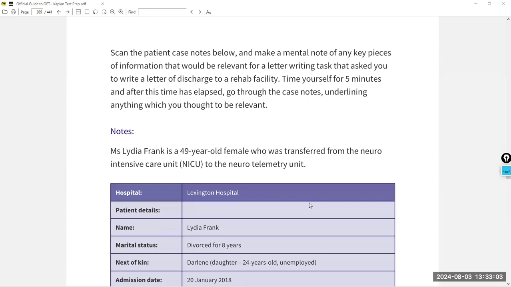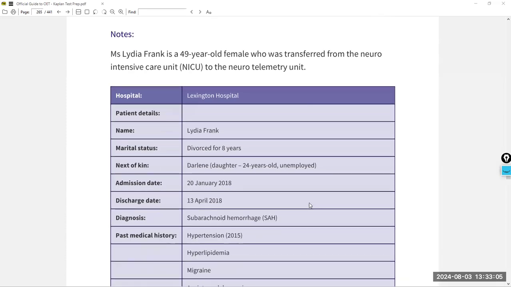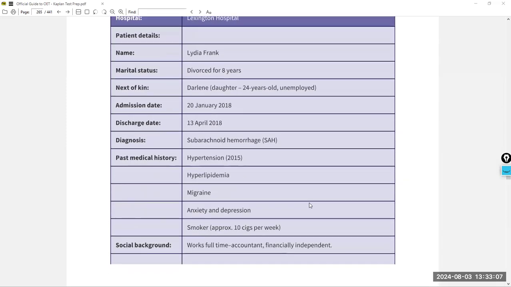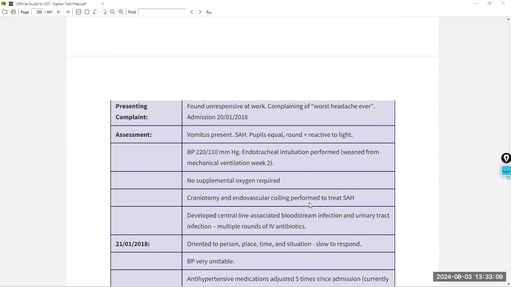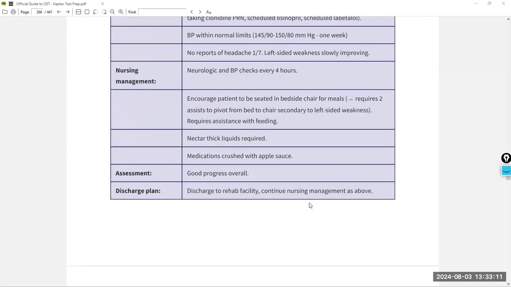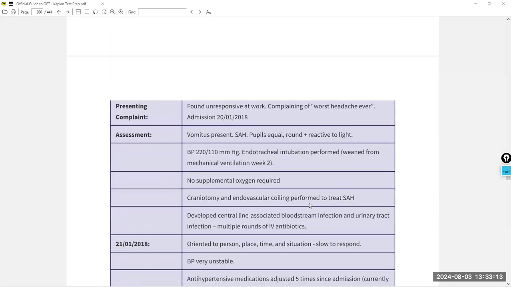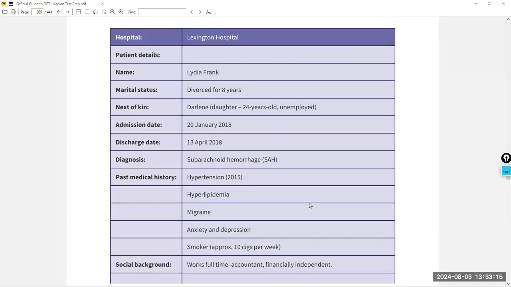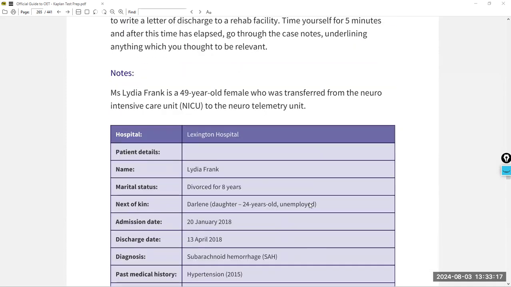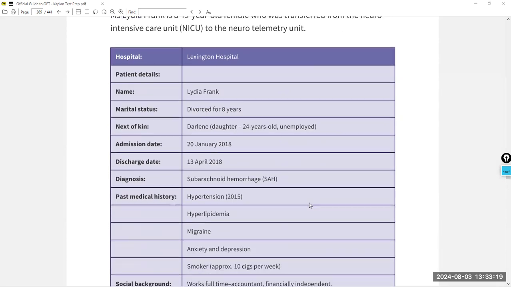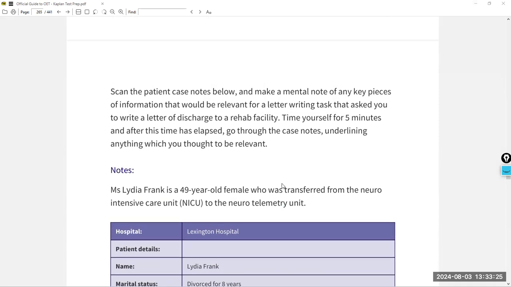So this is the case notes. I'm going to show you the full case notes because it is about 2 pages. Okay, now let's take a look at this case notes. And to do so, I think I have to show you the full case notes.